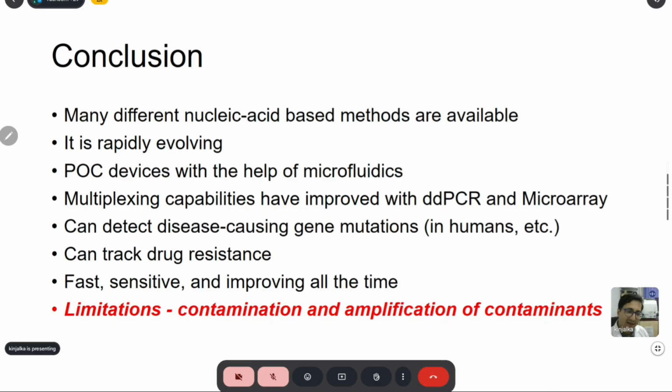All these molecular tests have now become quicker, more accessible even to the common public. The only limitation is the potential for contamination, and if that happens, those contaminants also get amplified. So this is basically an overview of the role of various nucleic acid methods in the diagnosis of molecular and infectious diseases.